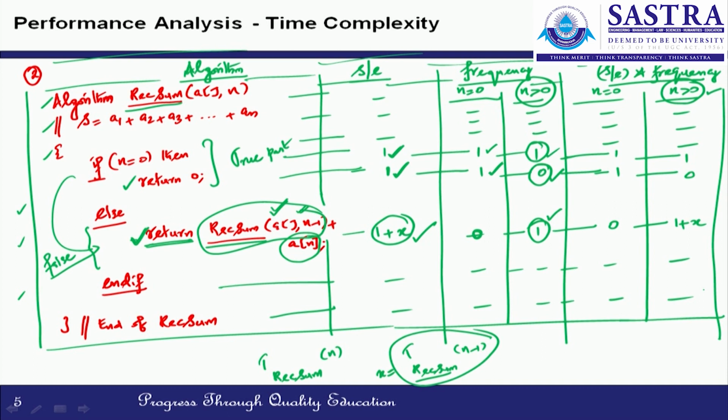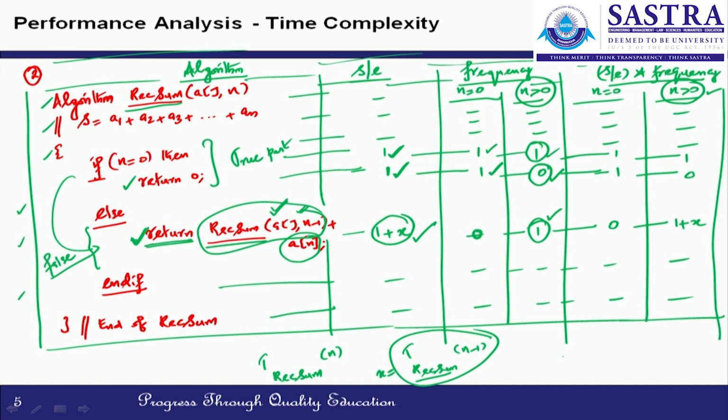So, we have found the S by E into frequency column. It has been split into two columns, one when n is equal to 0 and the second one when n is greater than 0. Now, let us find the sum of the last column.